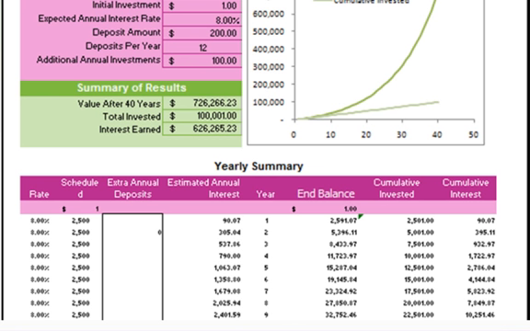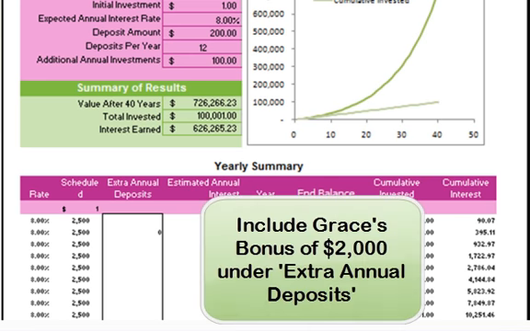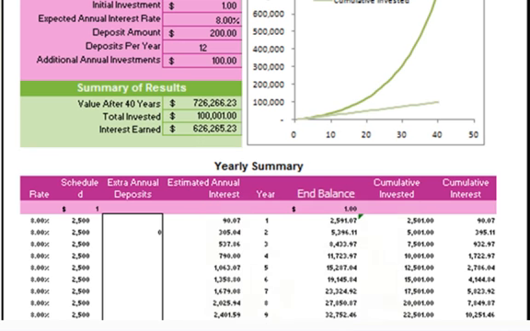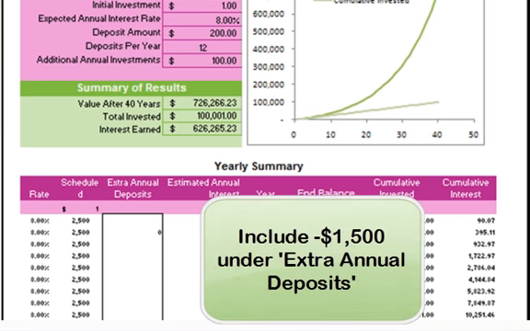But let's say that one particular year Grace gets a bonus of $2,000. So what she would do is under extra annual deposits, she would add in that $2,000. If, say, for example, in 1 year, she could only put in $1,000 instead of $2,500, then under extra annual deposits, she would put negative $1,500.